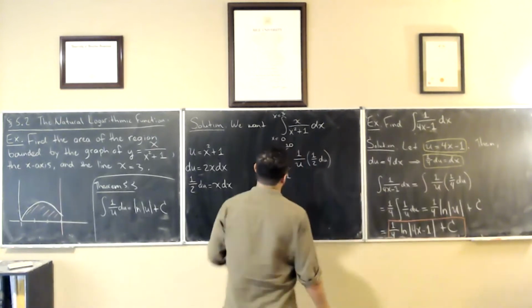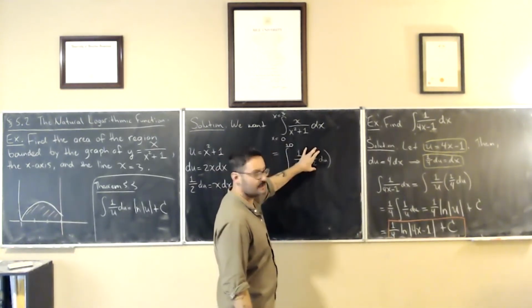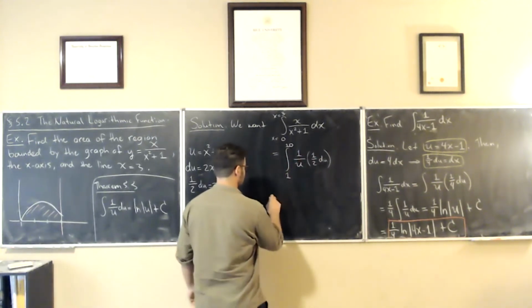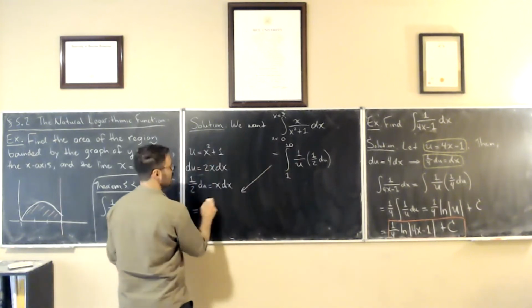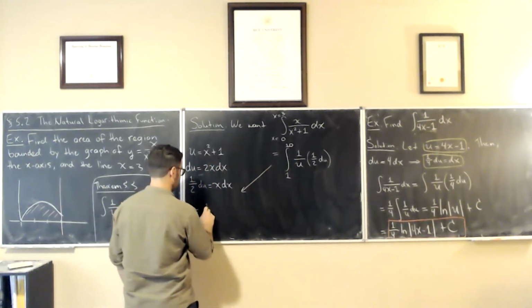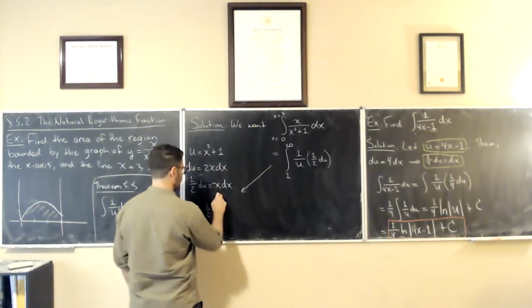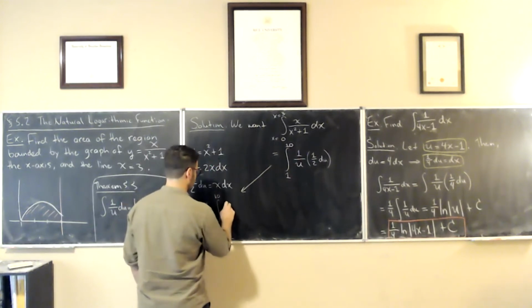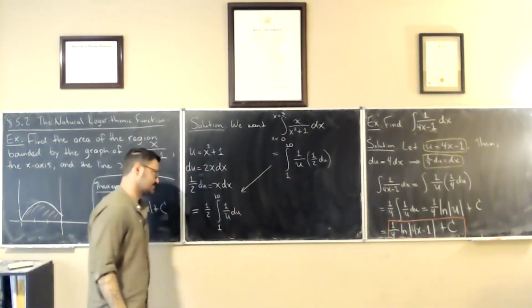Okay, so now we just have to solve this integral. So this 1/2 business, that's just a constant. I can take that out front. That tells me 1/2 of the definite integral from 1 to 10, 1 over u du.